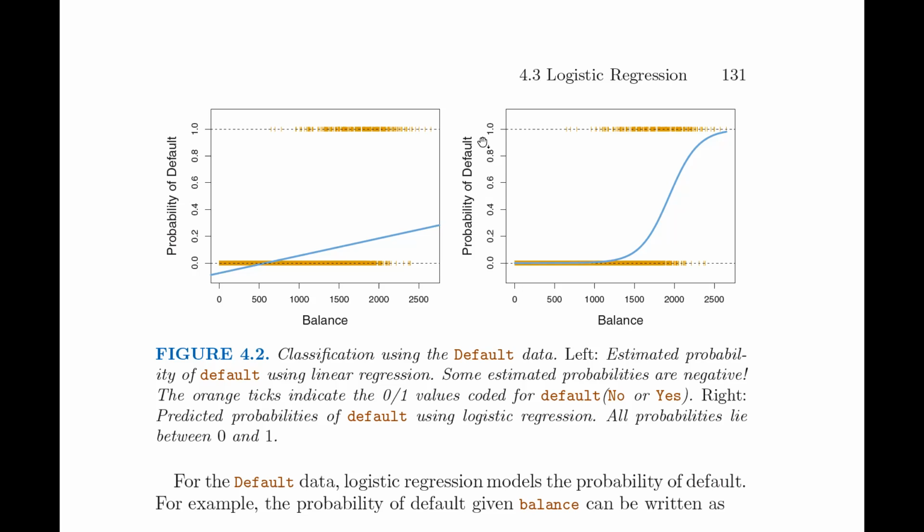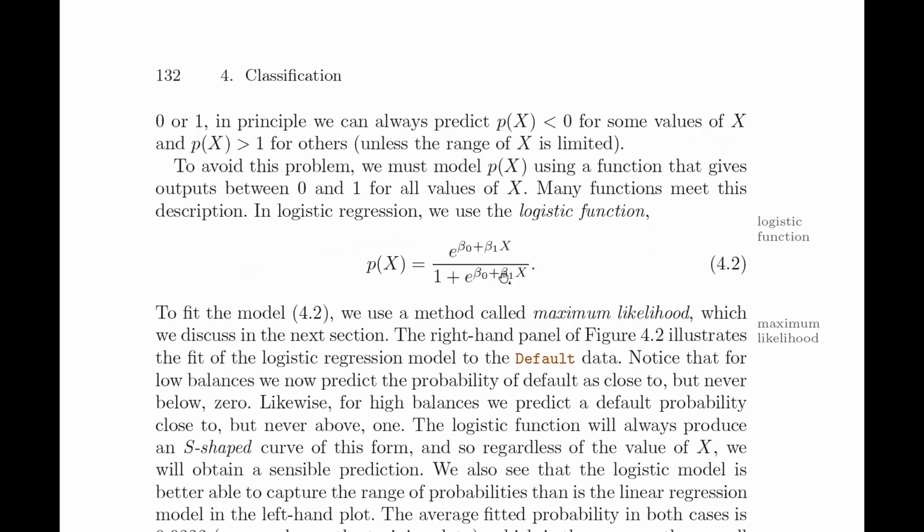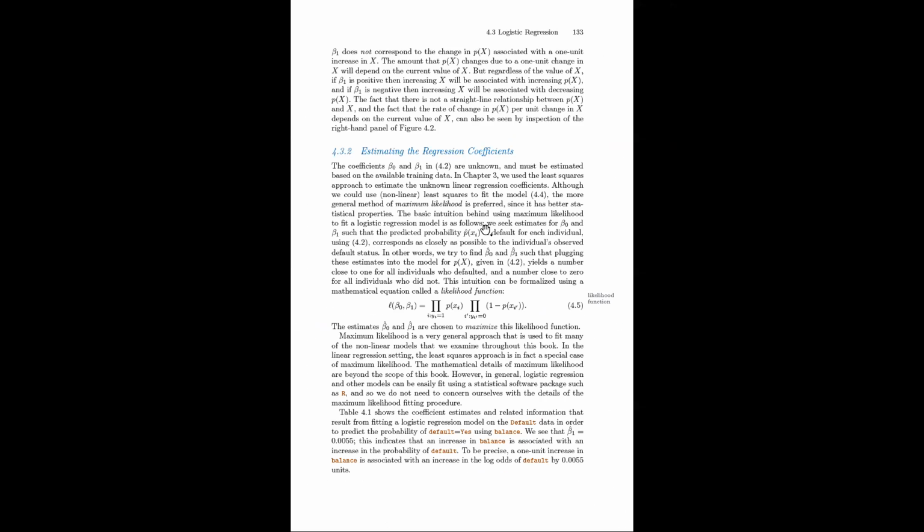The probability of default does increase as the balance increases, but it depends on where you are. If your balance is 1,000 and it increases by 10, there isn't going to be that much of a change in your probability of default. Whereas over here, it's a lot more sensitive. The probability is a lot more responsive to changes in the balance.